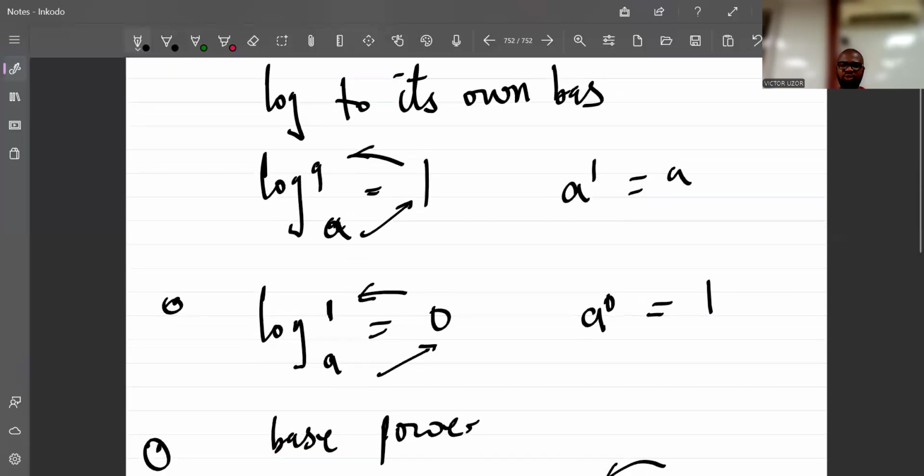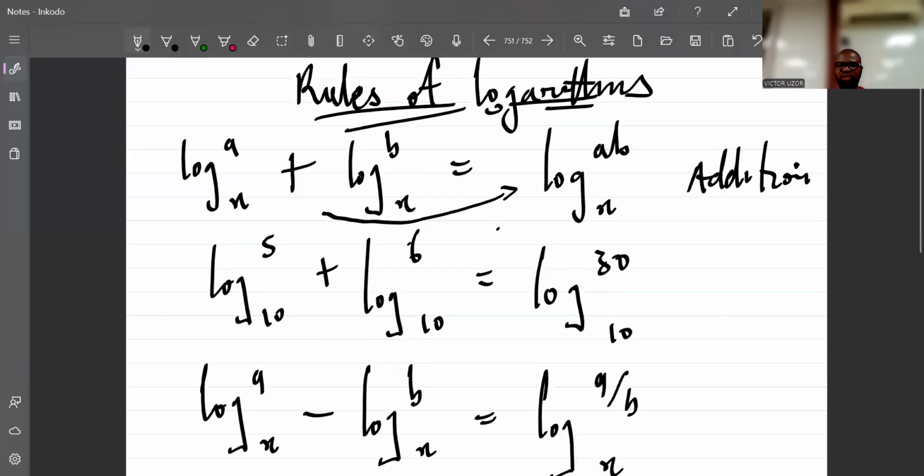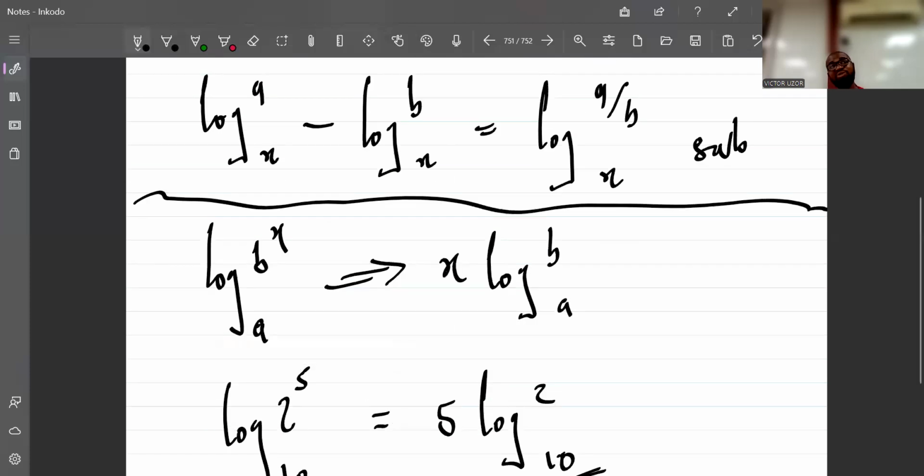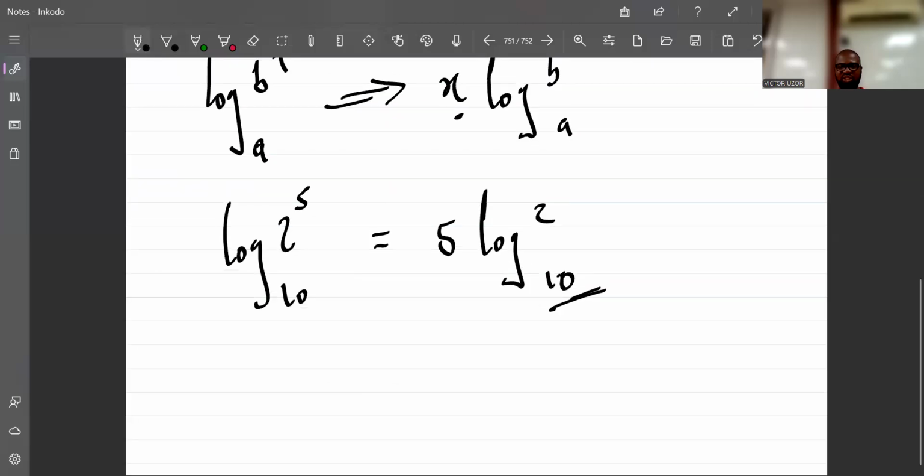So a quick summary again: in the logarithm, the addition rule, when you see addition, you do what? You multiply the logarithm. When you see subtraction, you divide. When there is a power to the logarithm, you can bring it to the other side and it will give you this.